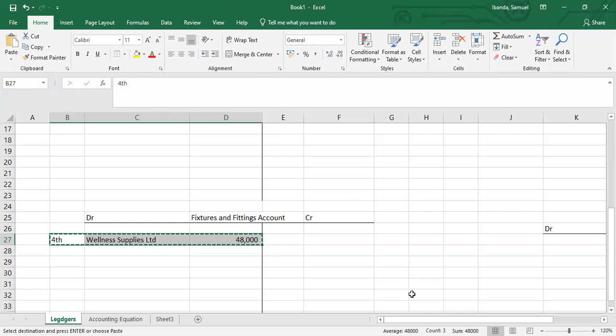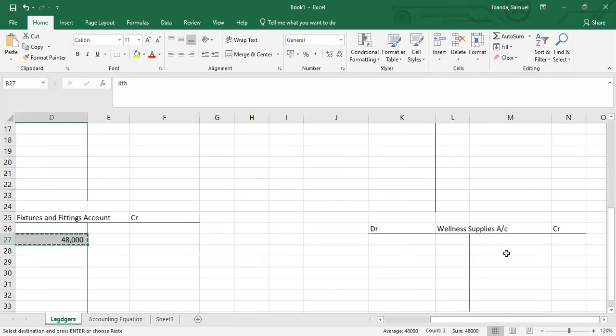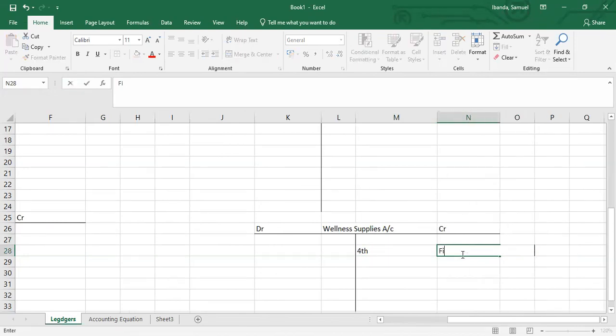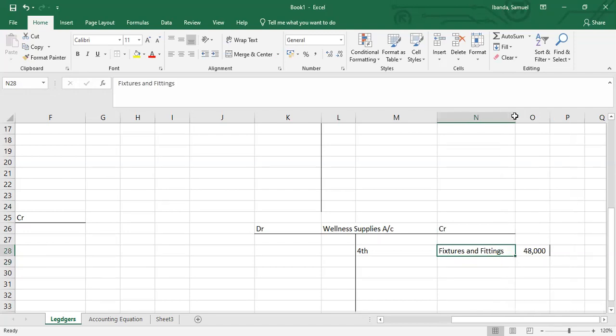I'll put the 4th there. But now instead of calling it Wellness, this will be fixtures and fittings. Fixtures and fittings, like that.